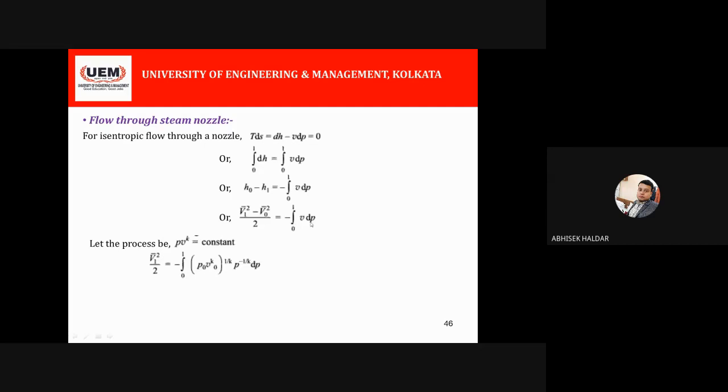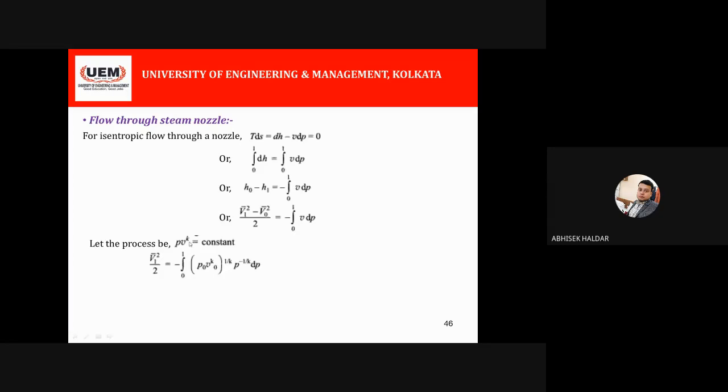Now, V dp, basically for this V, I am just using this equation. How am I using it? P v to the power k is equal to constant. If P and v at any position, P is the pressure and small v is the specific volume, don't mix up small v and capital V. Capital V is the velocity, small v is the specific volume.